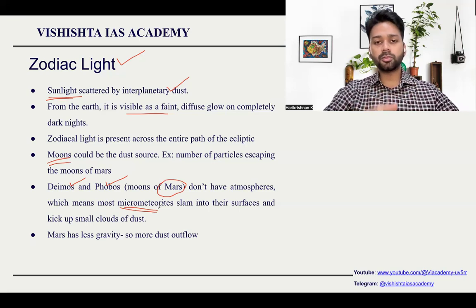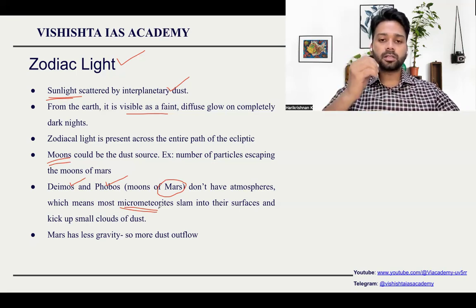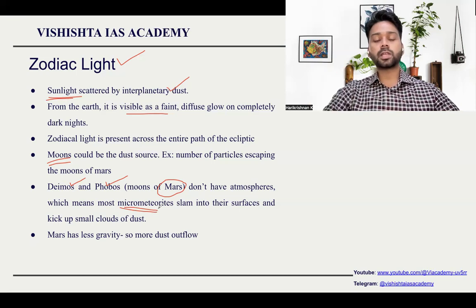Because the moon surface is filled with dust particles and the moons don't have enough gravitational force, when such a body hits the surface, the dust particles start to scatter all around in space.